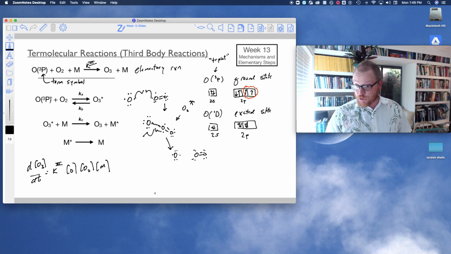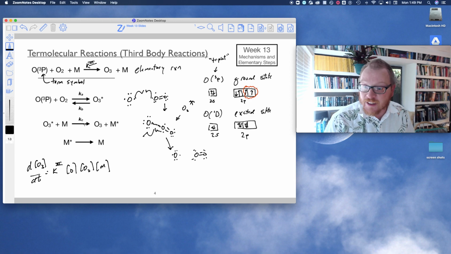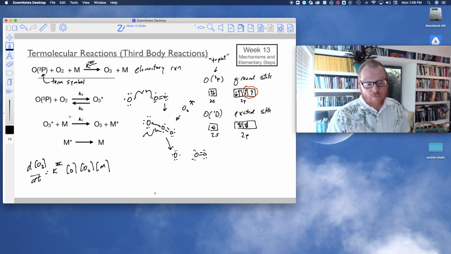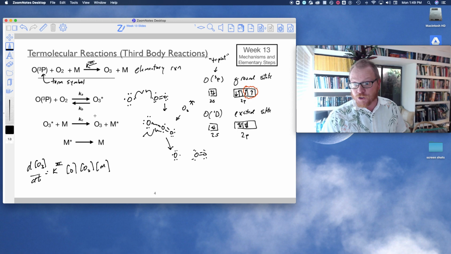Now, similar to what we did with bromine, we're going to analyze these mechanisms using the steady state approximation and see how it all shakes out. One more thing to mention: I talked about how this third body is the opposite of what happens with Br2.